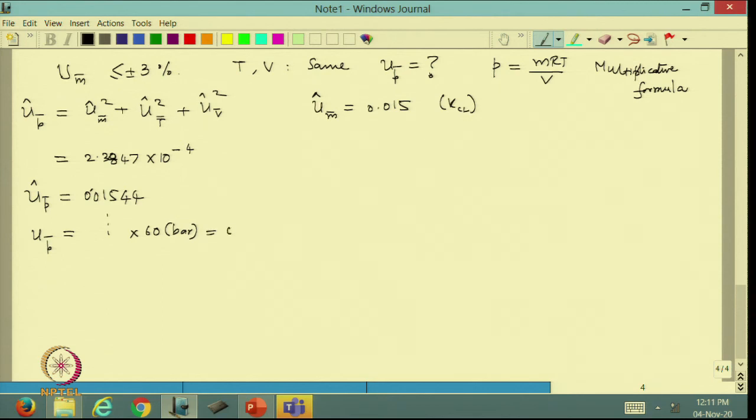And this becomes 0.09265, and so u p bar is 0.185 bar.